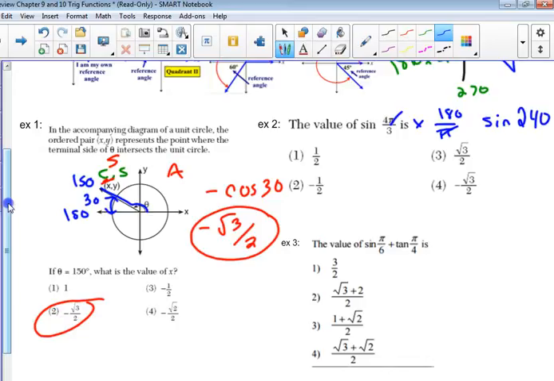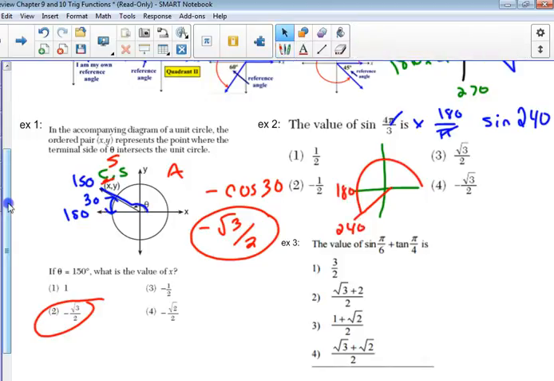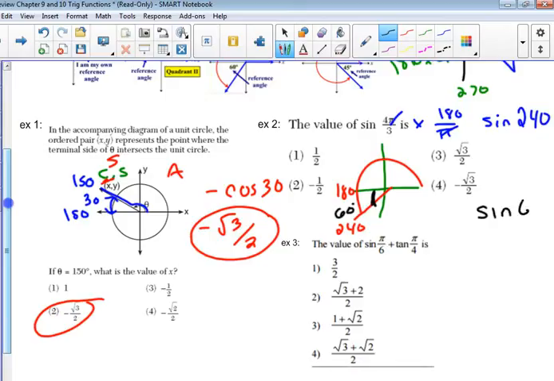All right, so 240 degrees. We can't just take the sine of that. We probably want to do a little bit of work. So if you make your little chart and think 240 degrees, somewhere in here. Here's your 180. What's the reference angle? Did you make it? 60, good job. So I'm going to be dealing with the sine of really 60.